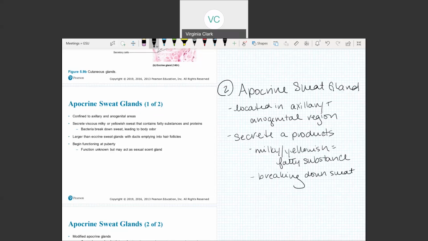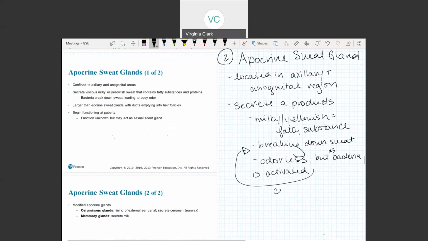So this secretion is odorless at first, but as the bacteria is activated, as this bacteria starts breaking down the sweat, it will actually cause an odor.